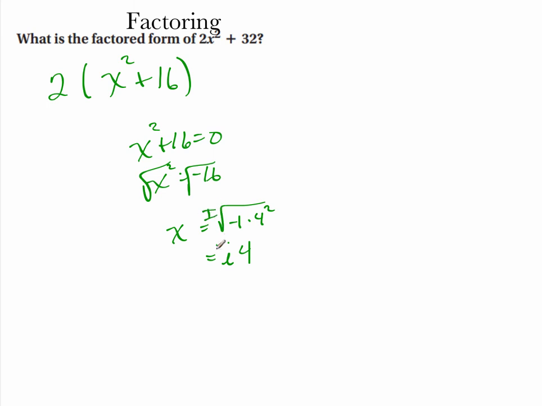And you need to include your plus or minus. So x is plus or minus 4i. But how do I put that in a quadratic like this? Well, in factored form, this is going to be x minus 4i, x plus 4i, if 4i is a solution.